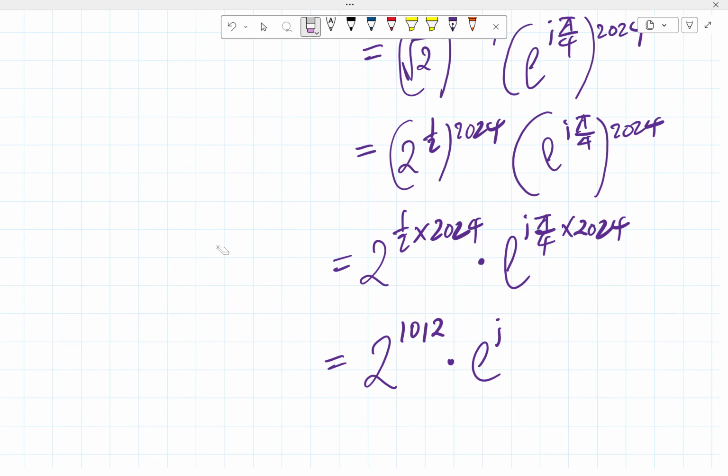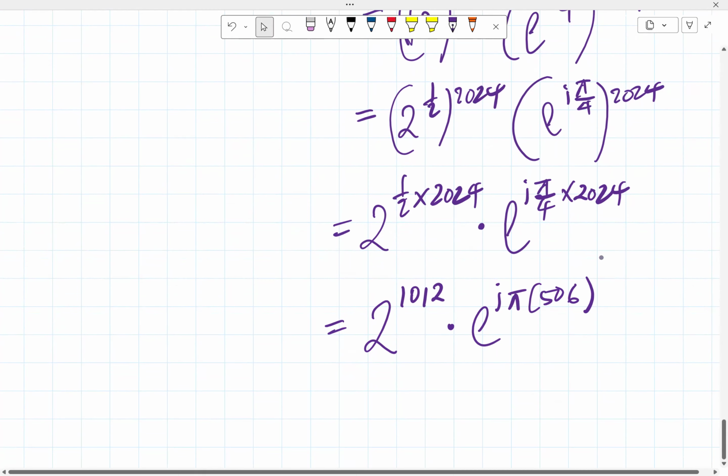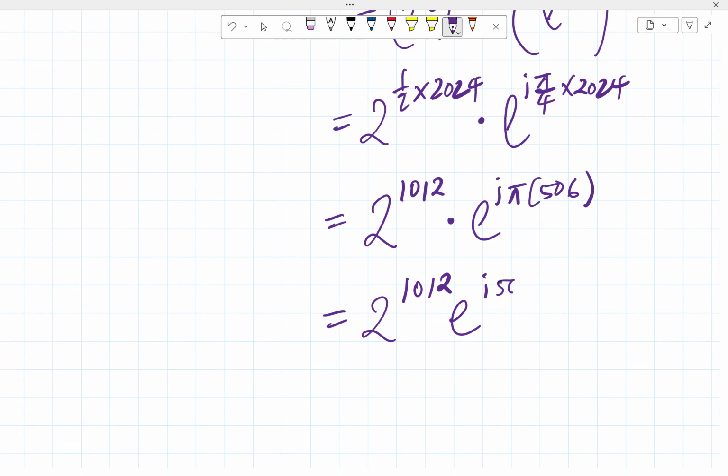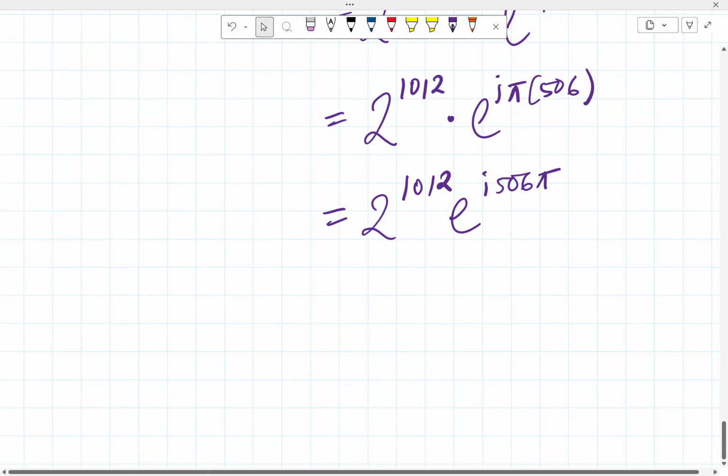So we have i pi multiplied by 506. So we can simply have this as 2 raised to the power 1012 times e raised to the power i 506 pi. Now you can write it in the polar form.